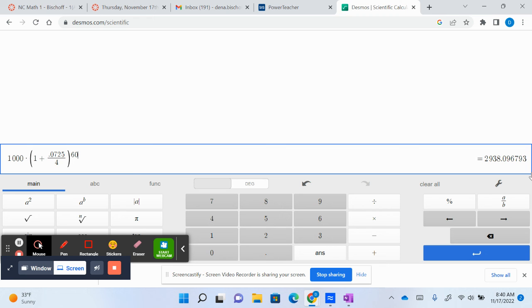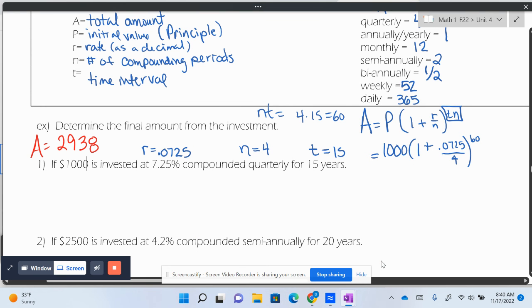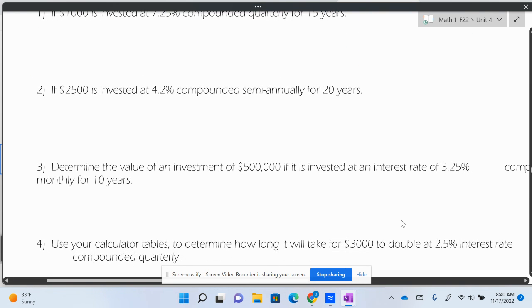Okay. You see that? Are you okay with that? All right, let's set up the next one, solve it, and then the last two we'll just set up. You guys can solve them on your own.